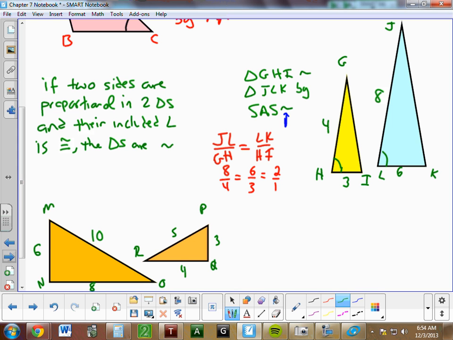All right, so I could show that these two triangles are similar to each other by just writing out a similarity statement or writing out a statement of the proportions. So I could say that PQ over MN should equal RQ over NO, which should equal PR over MO.